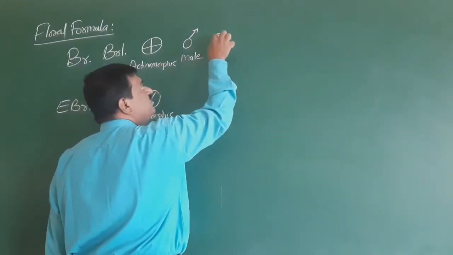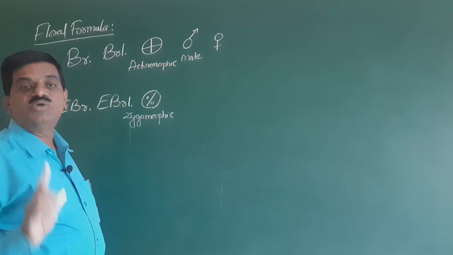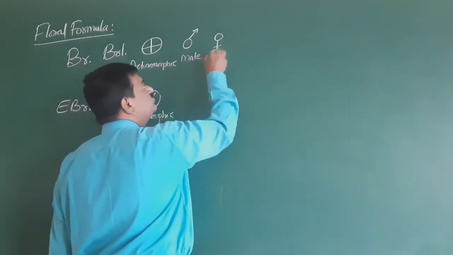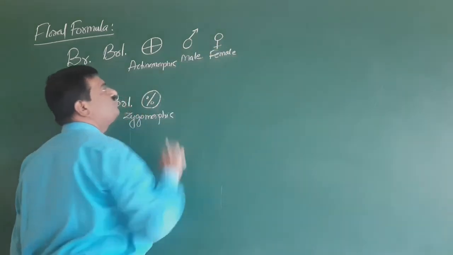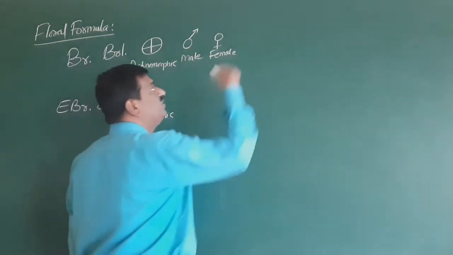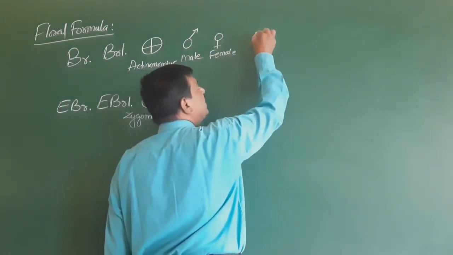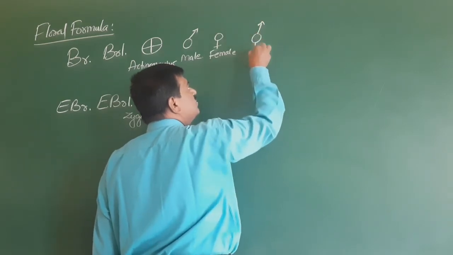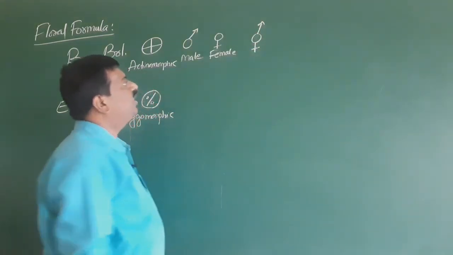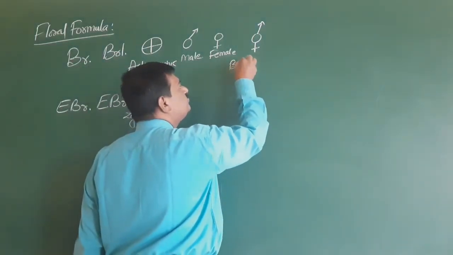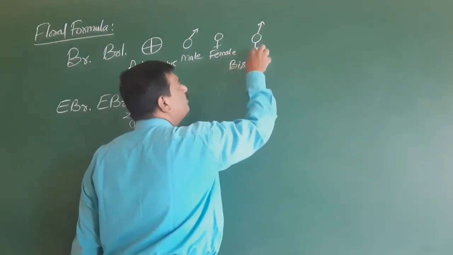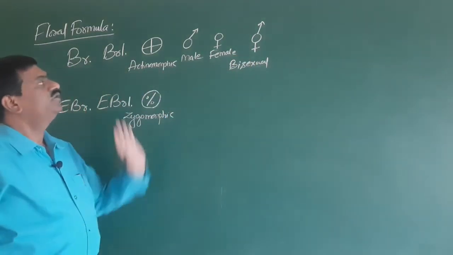When you write a circle and a plus, this always indicates a female flower, unisexual, called female. If it is bisexual, we write a circle with an arrow mark and below it a plus. This indicates the flowers are bisexual. So that should be written.